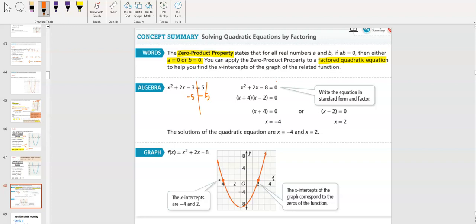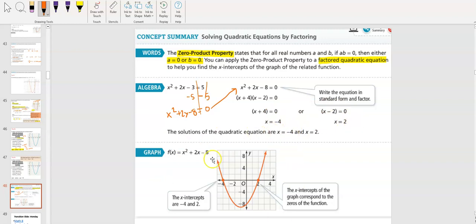And that's how they got 0 over here and -8 on this side. So we turn this into standard form, and then they factored their equation. After that, they used the zero product property to find your two solutions.